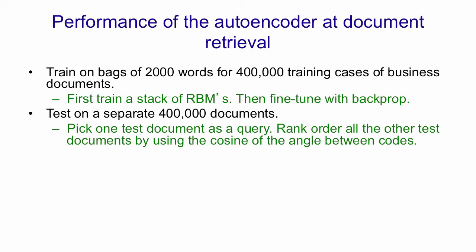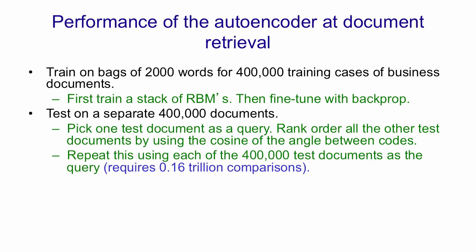To test, you pick one document to be the query, one of the test documents, and then you rank order all the other test documents by using the cosine of the angles between the 10-dimensional vectors that the autoencoder gives you.